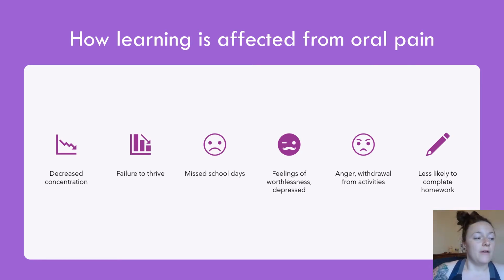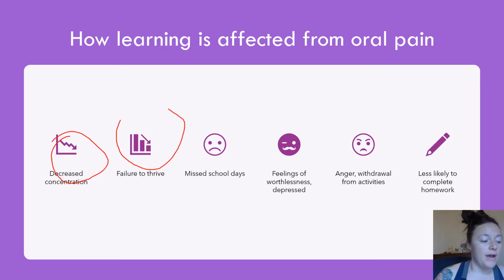And did you know that dental cavities are 4 times more common in childhood than asthma and 7 times more common than hay fever? And as you can see from the slide, these are the impacts of dental pain on learning. Children can have decreased attention, decreased concentration, failure to thrive.